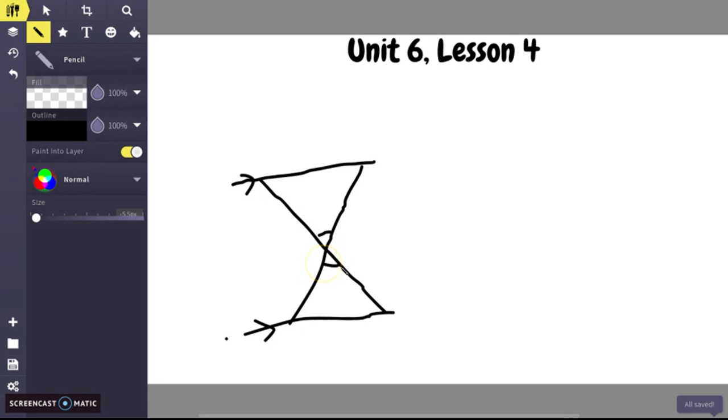Obviously, even if these markings weren't here, you would know that they're equal because vertical angles come into play once you know that there's parallel lines. By the way, if you don't understand what I just said, you should skip back to Unit 2 to see that, because I explain more about that on that unit.